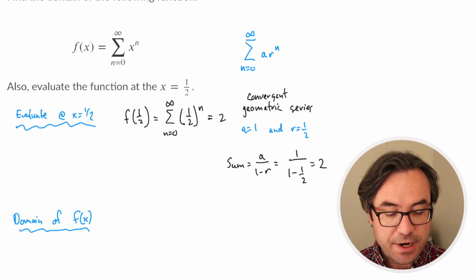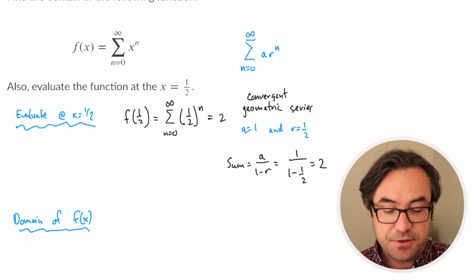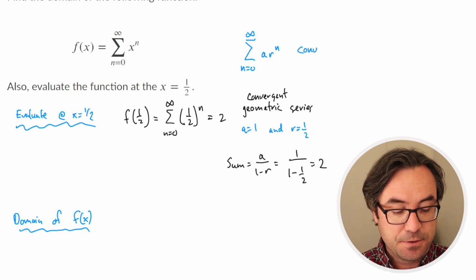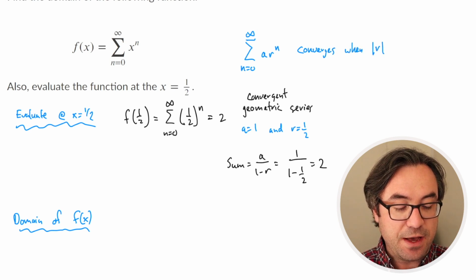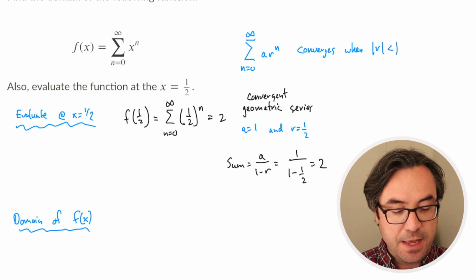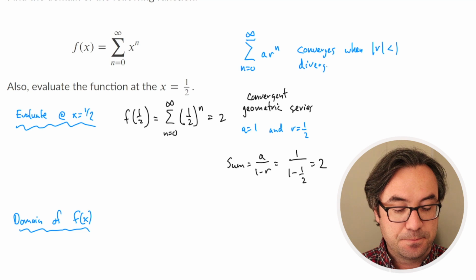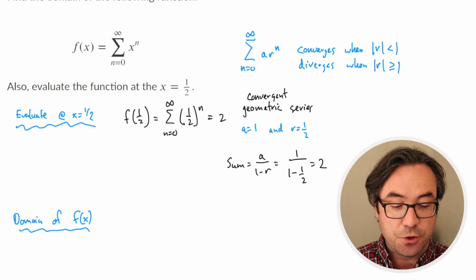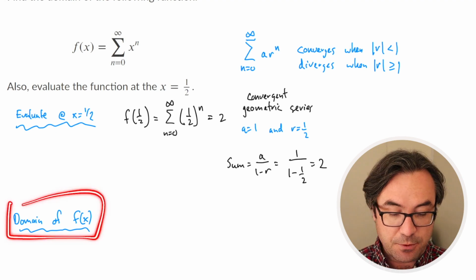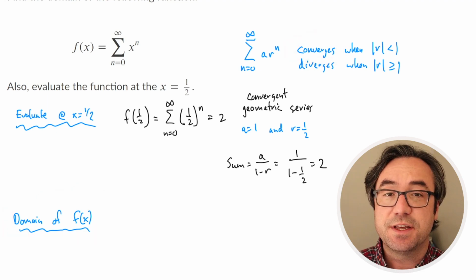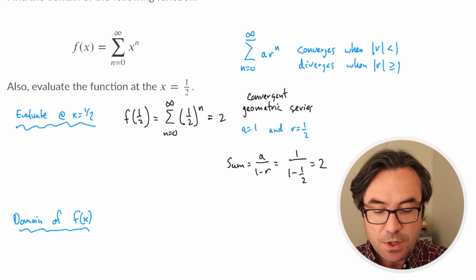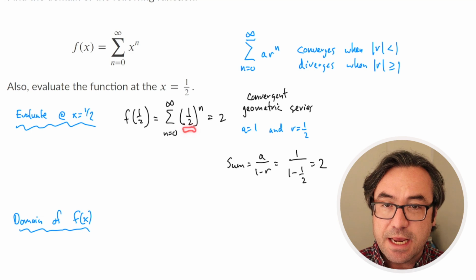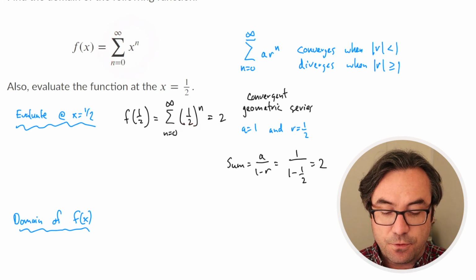And we know that a geometric series like this converges when the absolute value of r is less than 1, and it diverges when the absolute value of r is greater than or equal to 1. So the domain of this power series is wherever this thing converges. So rather than plugging in 1/2, let's look at this general form.